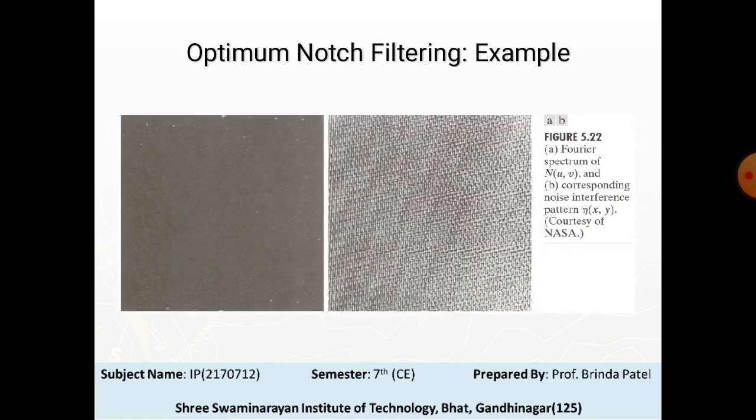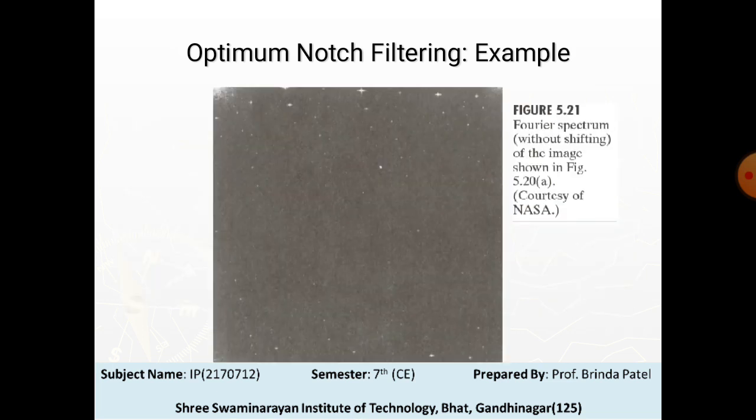This figure shows the spectrum of N of u,v where only the noise spikes are present. This figure shows the interference pattern of n of x,y obtained by taking the inverse Fourier transform of N of u,v. Here we see similarity between this pattern and the structure of the noise pattern in this figure.